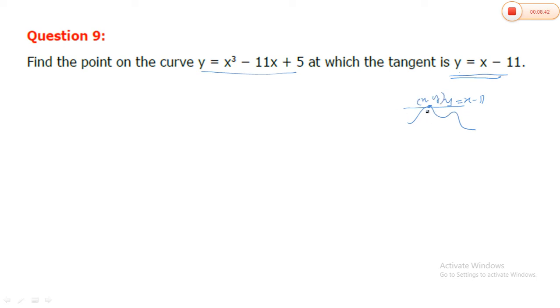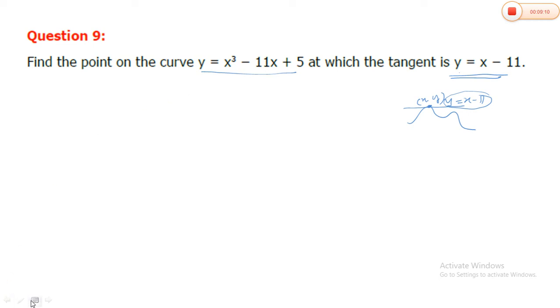To find this, differentiate. Since the equation of the tangent is given, we can easily know the slope of the tangent, because it is of the form y equal to mx plus c. So here m equal to 1. Taking m equal to 1 and dy by dx, substitute in the equation.